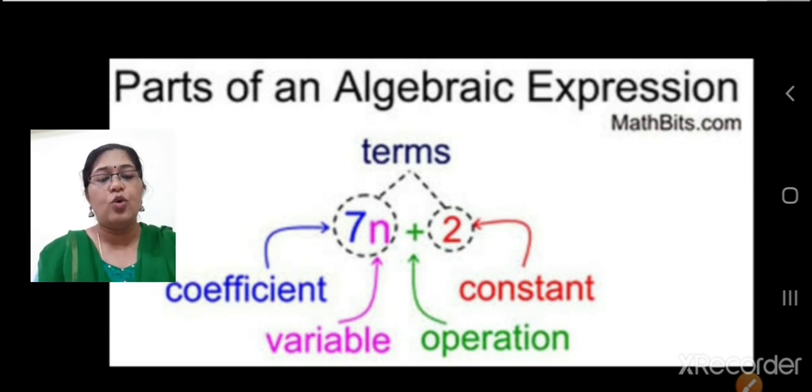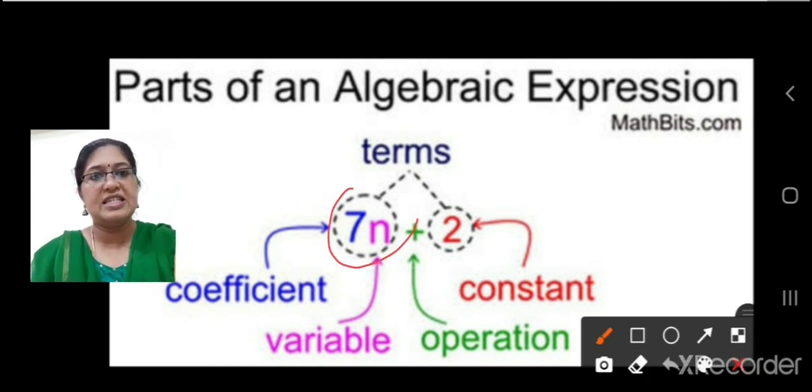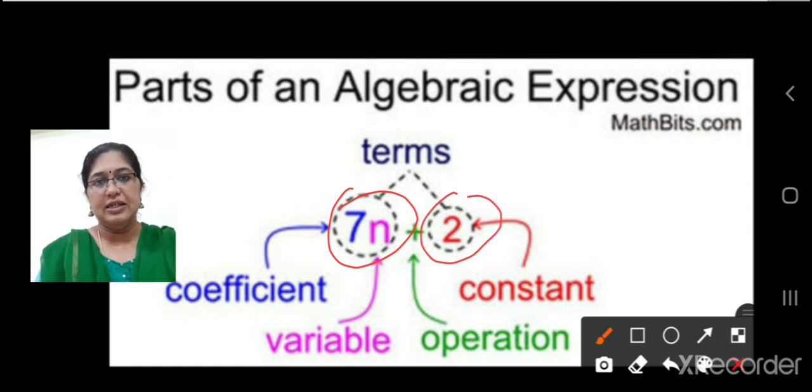Now terms. A term is a part of the algebraic expression, divided by the operation plus or minus. See here, 7n is a term and 2 is a term.